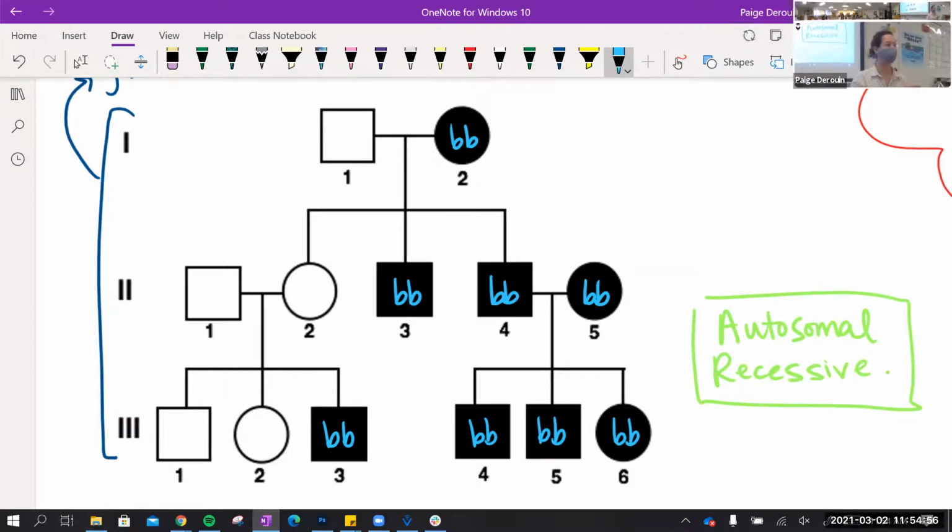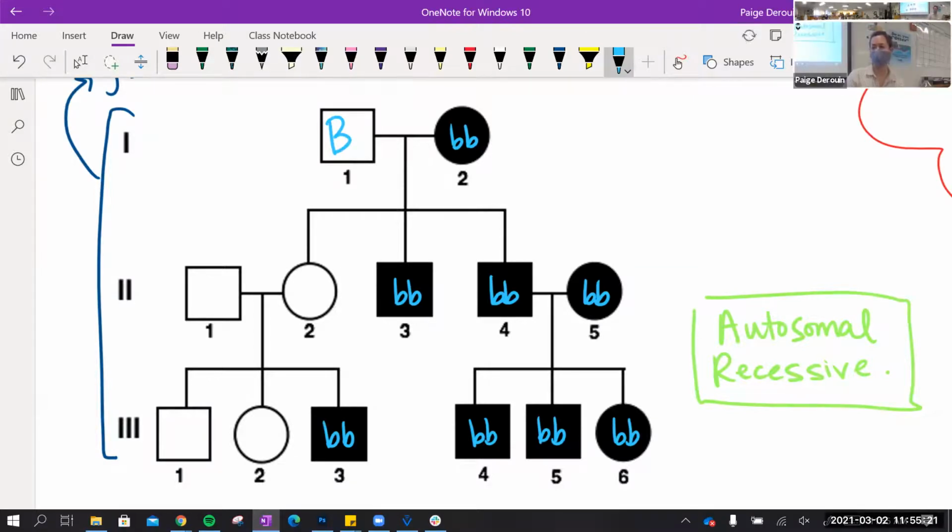Now comes the fun puzzly part where we get to work backwards and figure out the genotypes of the other people. So we're going to start at the top with Grandpa. He's person 1-1. He doesn't show the trait, so he has to have at least one capital letter.